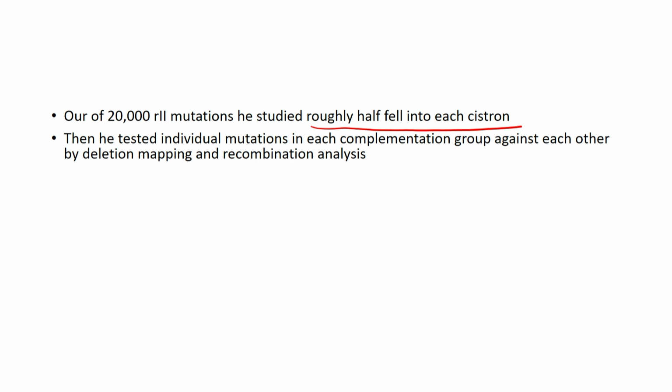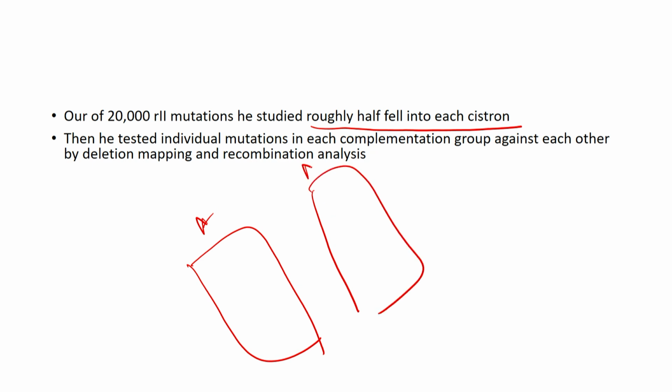So then he tested these individual complementation groups. So first he divided all the 20,000 mutations in 2 different groups, right. And then he said this is one cistron and here is another.